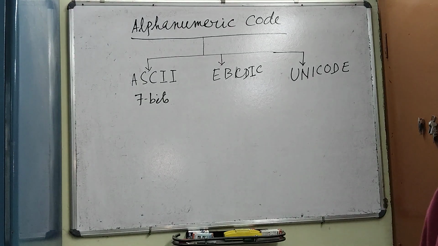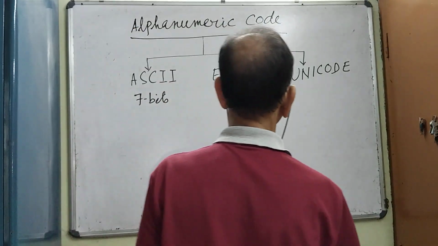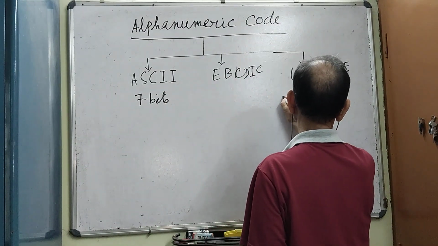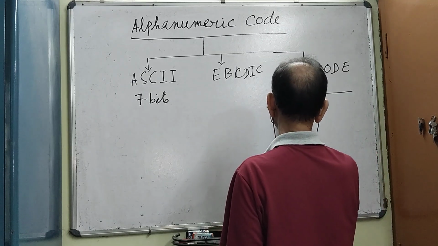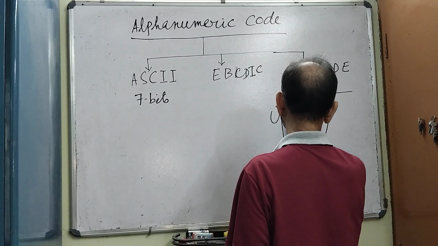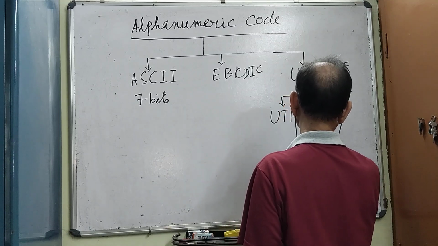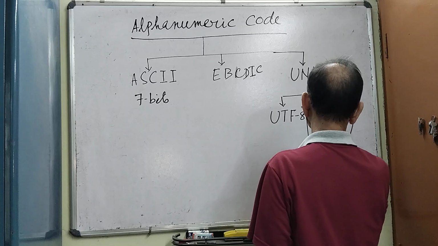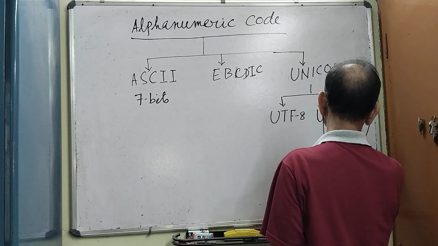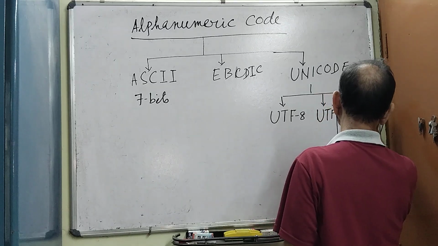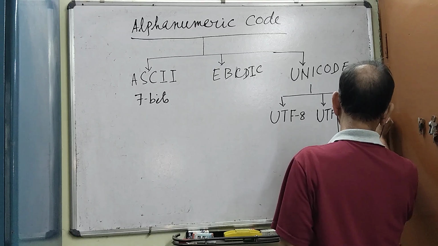What are the three types of Unicode? UTF-8, UTF-16 and UTF-32.